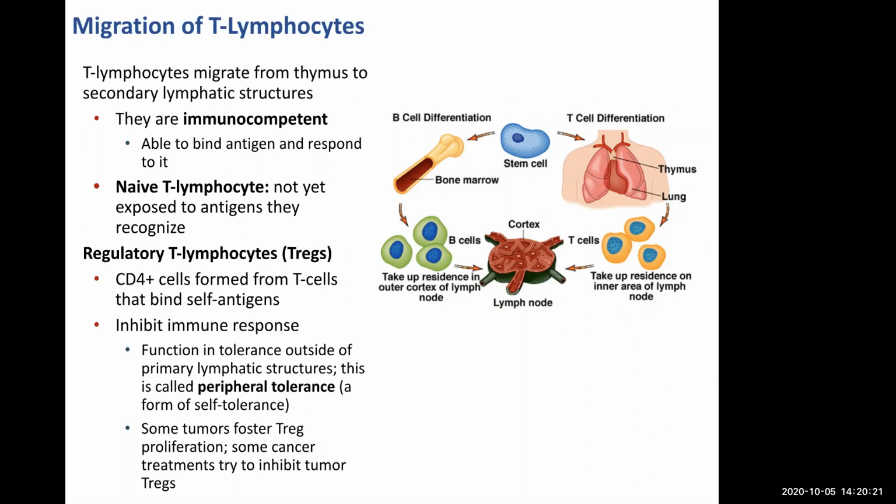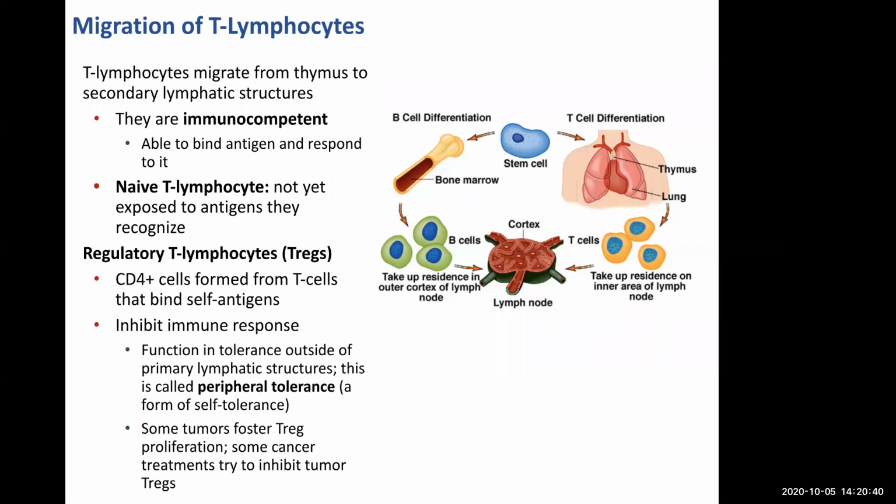And regulatory T cells play a really important role when it comes to, obviously, the disease processes involved in autoimmunity. They also play a role in oncology and the development of some cancers.